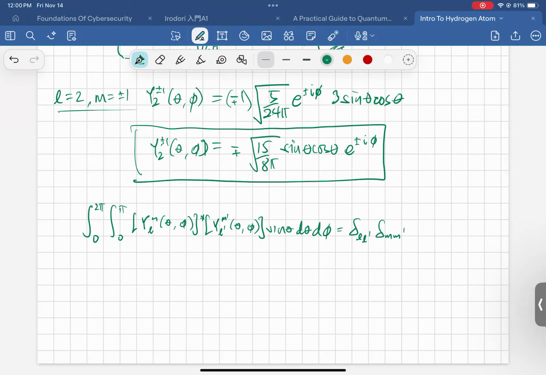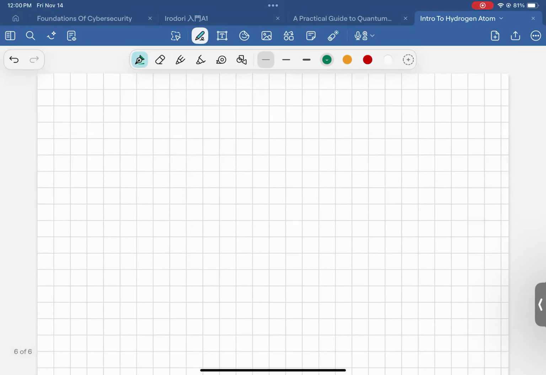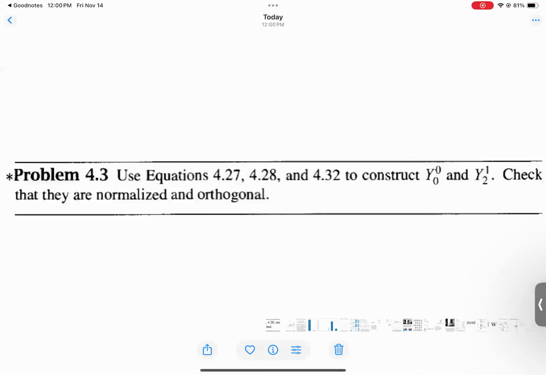Ito yung sinasabi ng problem 4.3. Okay, ilipat ko to, copy ko lang, ilagay ko dito sa notes natin.